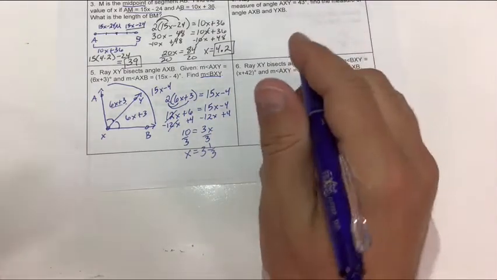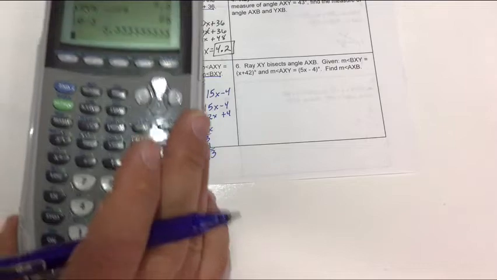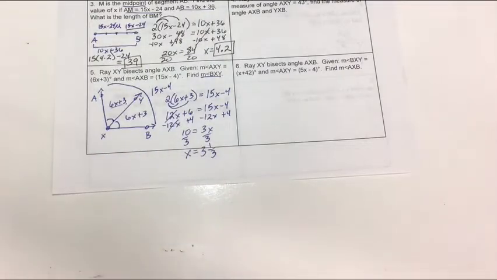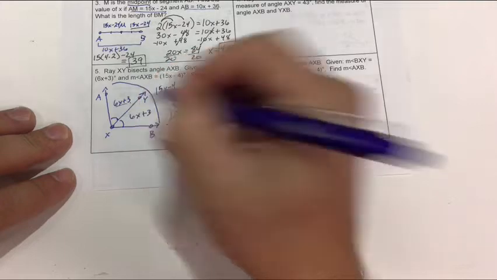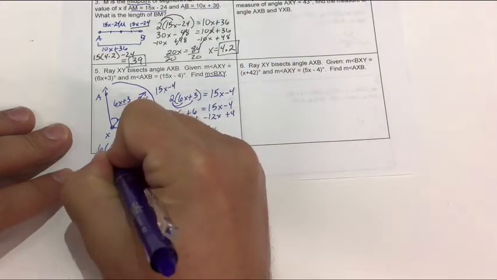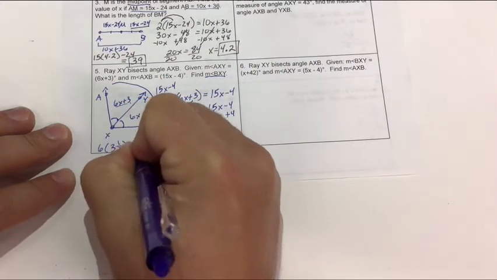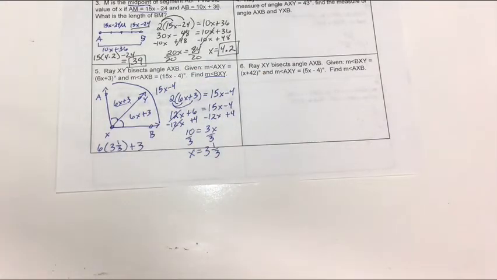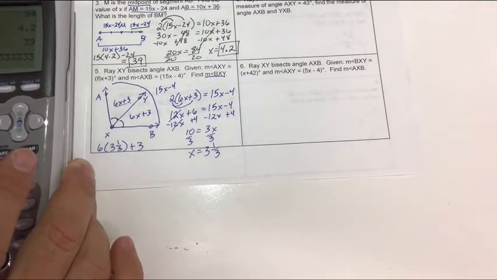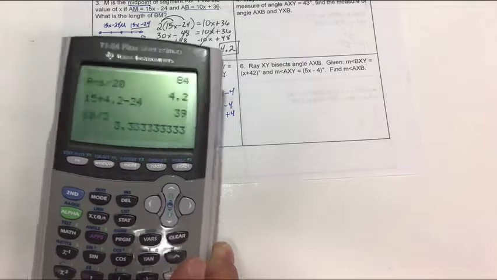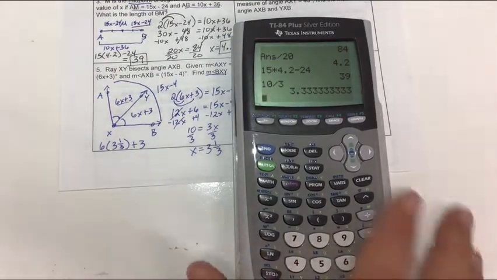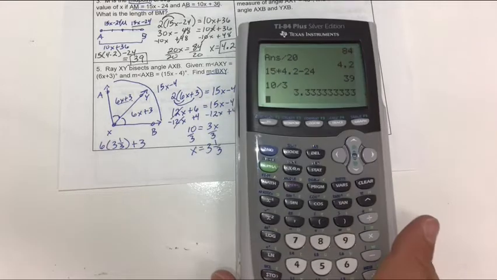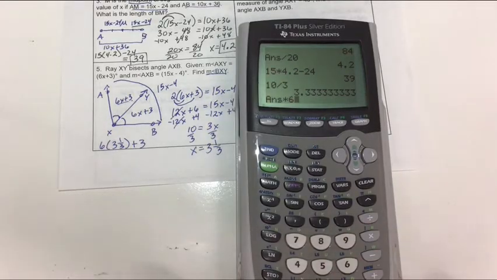We're going to leave it like that. You can see what it looks like in the calculator, 3.3 repeating. And what we're going to do is plug that back in to this. But when you're using the calculators, the easiest thing to do is to just take the answer that's already in there, the last answer, and just hit times 6.